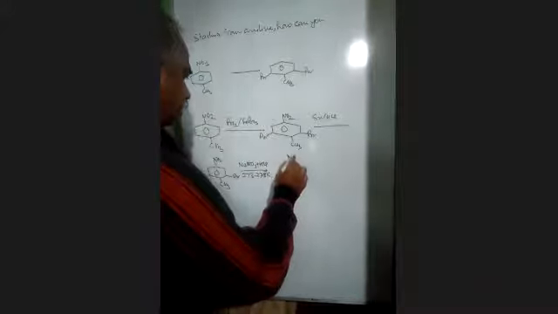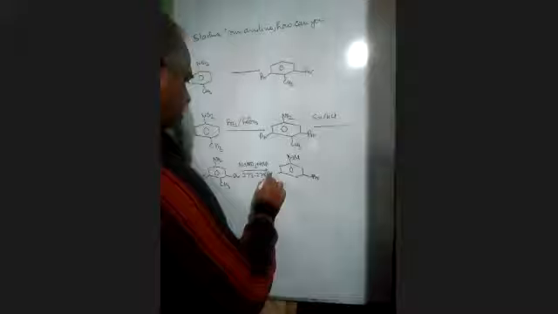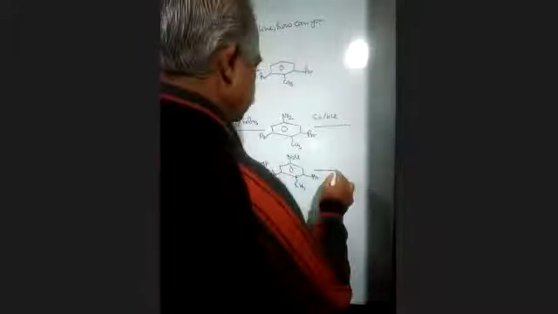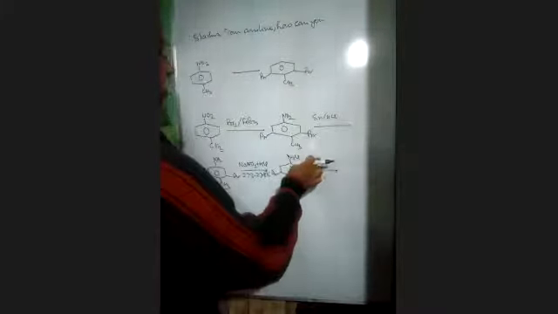What I'll get now here? N2Cl, Br, CH3. Now you know how to remove this one. How do you do it? Write the step here and write the product.